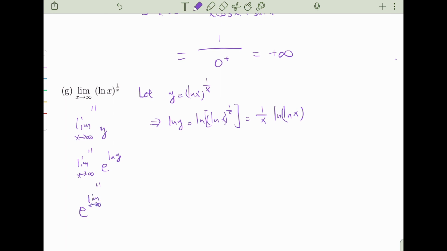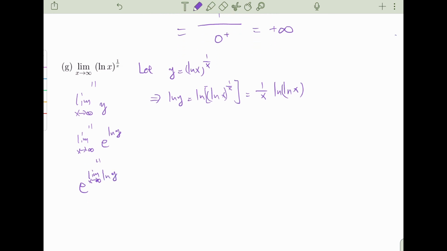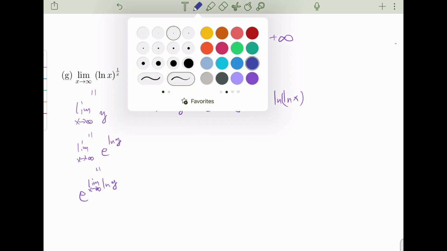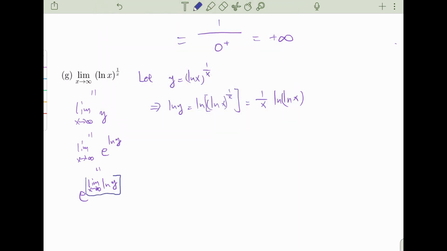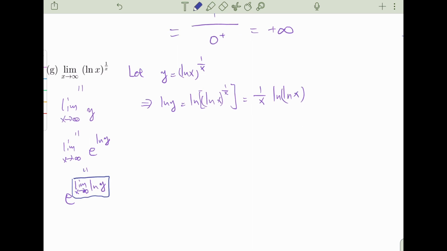So this is equal to e to the limit of ln y. Right. So now the goal is very obvious here. We want to find the limit of ln of y, because finding the limit of y is difficult, so we want to find the limit of ln of y instead. And after we find it, we substitute this back into the exponent of this exponential function, this e function. So that is the goal.